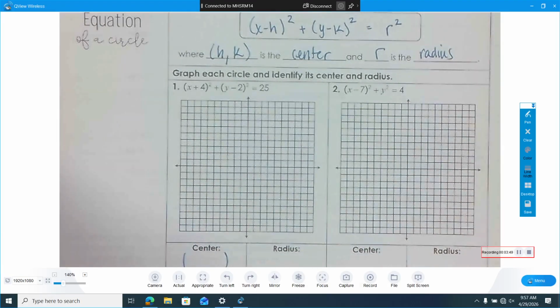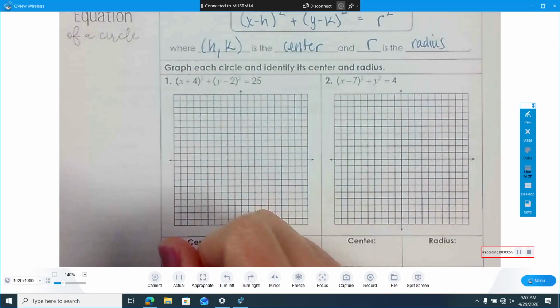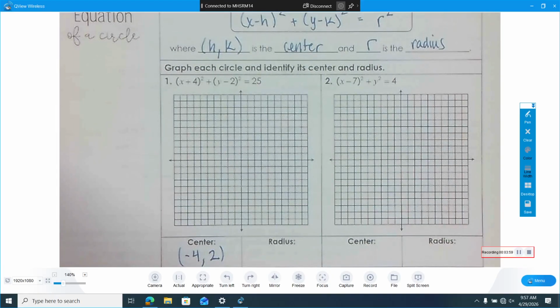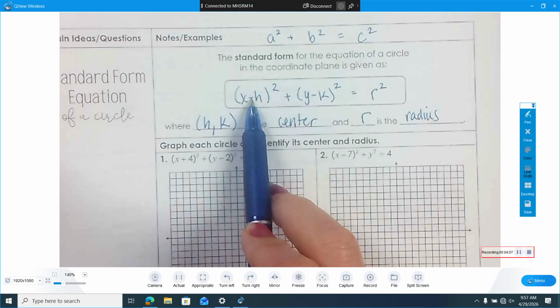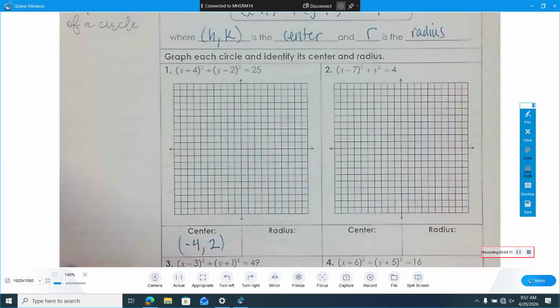Is it 4, -2 or is it -4, 2? What do you notice? The signs change. Because the formula has a negative in it, what we want is always the opposite.